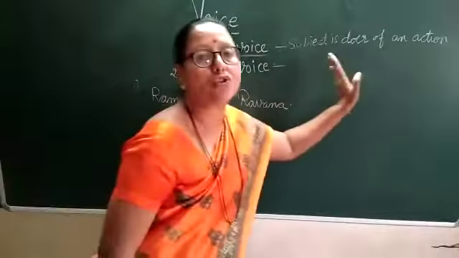Who did the action? Rama did the action. Subject is the doer of an action. Which action was done? Killing action was done. To whom was it done? To Ravana.